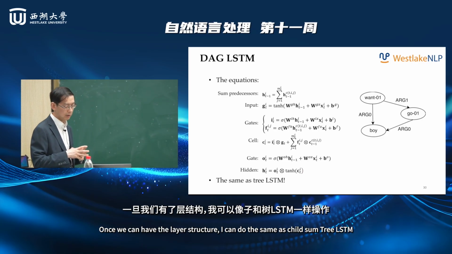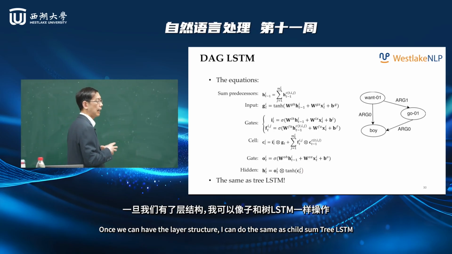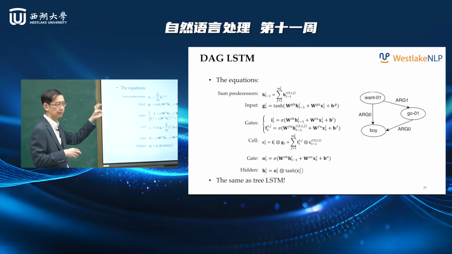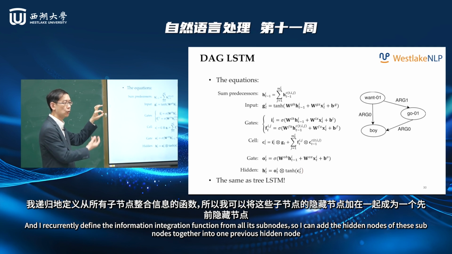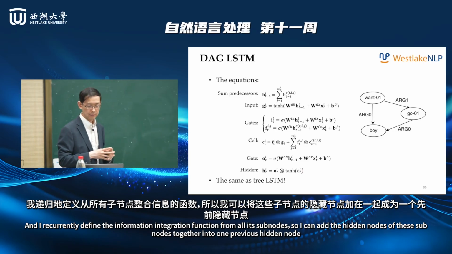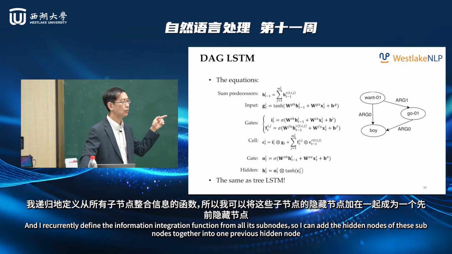Once we have the layer structure, I can do the same as child-sum tree LSTM. I can observe every node, and I recurrently define the information integration function from all its subnodes. So I can add the hidden states of its subnodes together into one previous hidden state.